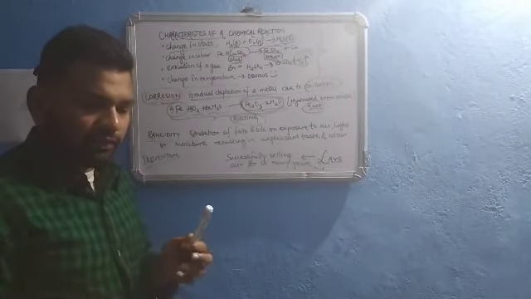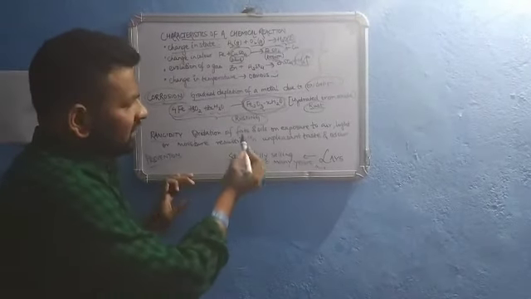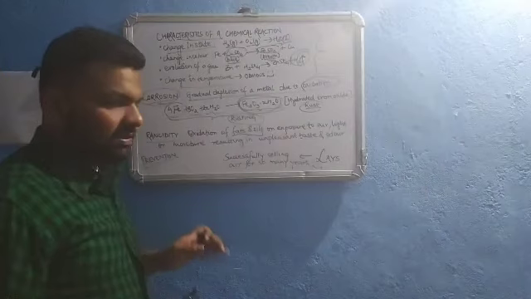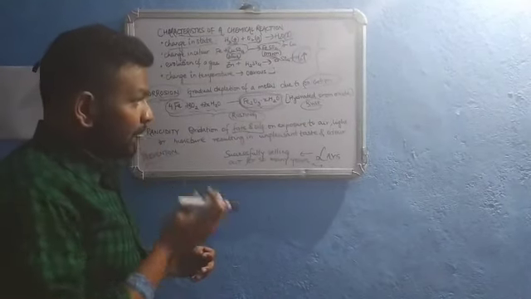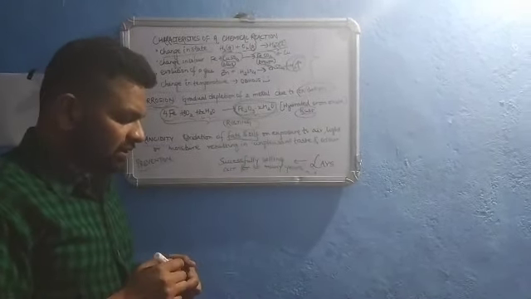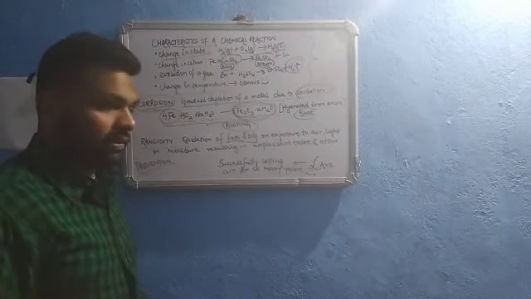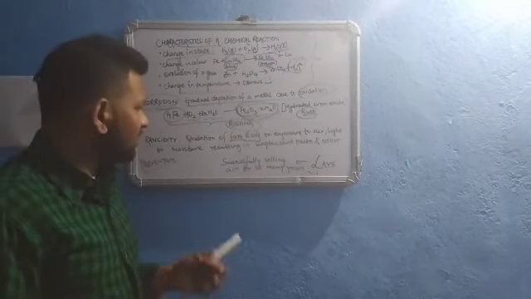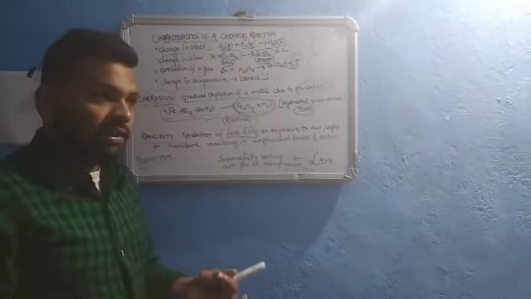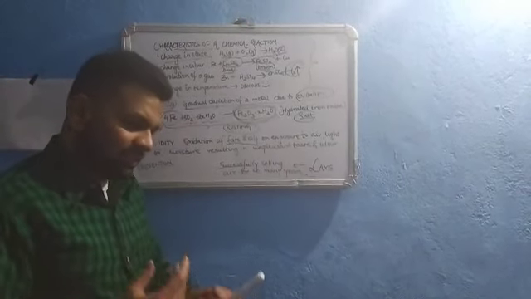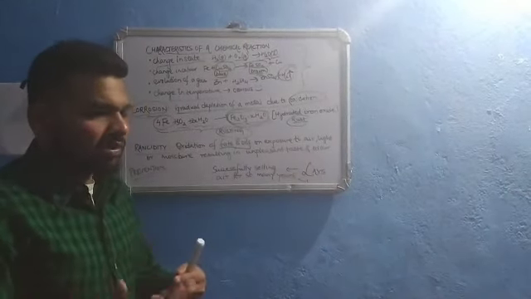Basically, what happens is whatever food items we prepare, they contain fats and oils, right? Isn't it? They contain fats and oils. So these fats and oils, if they are exposed to the atmosphere, if they are exposed to air, light, and moisture, they start reacting with it and they get oxidized.